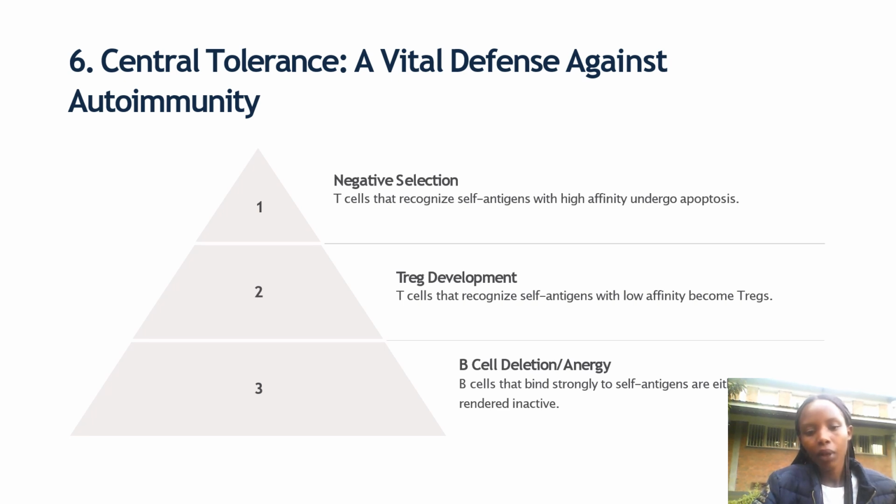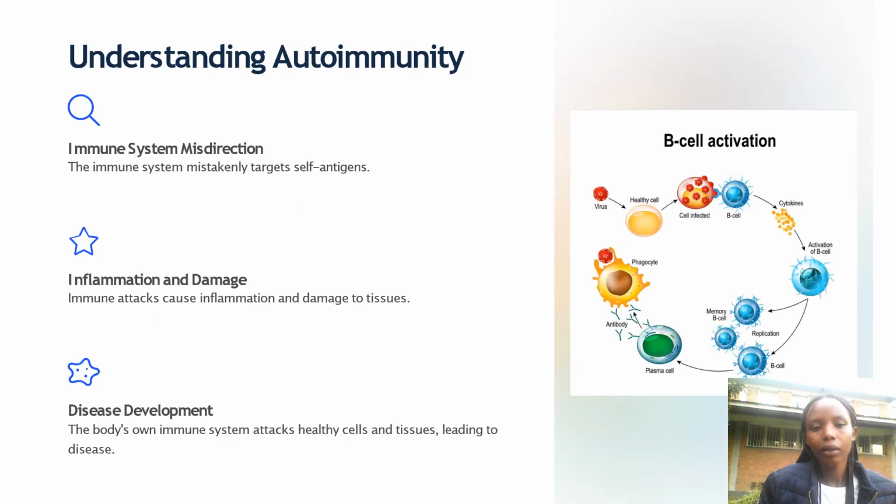And then the third one involves B cell deletion and anergy. Here, B cells that bind strongly to self-antigen are either deleted or rendered inactive.